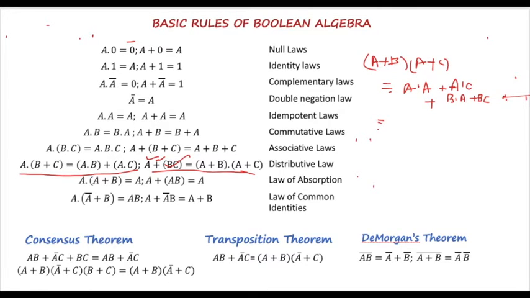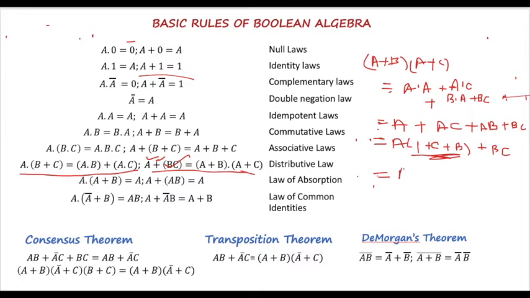Now A dot A, you know that A dot A equals A, so plus A dot C, that is AC, plus we can write B dot A equals AB plus BC, which is equal to A into 1 plus C. So this one is 1 from this relation, which is equal to A plus BC. It's actually proved.